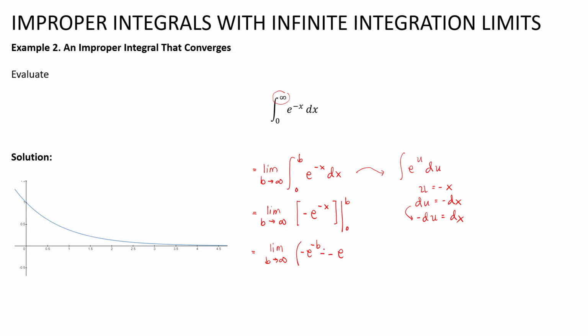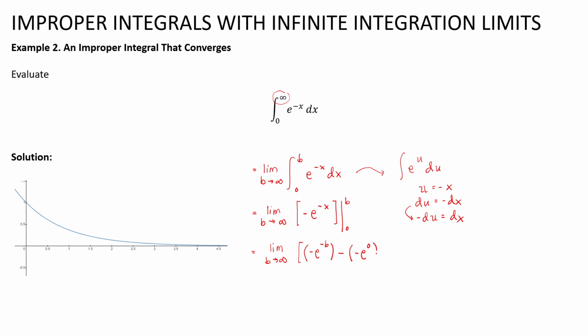Let's make this clear by separating it with some brackets and parentheses. Bracket first, and then we're going to have the first term e raised to negative b minus e raised to negative 0, diba?